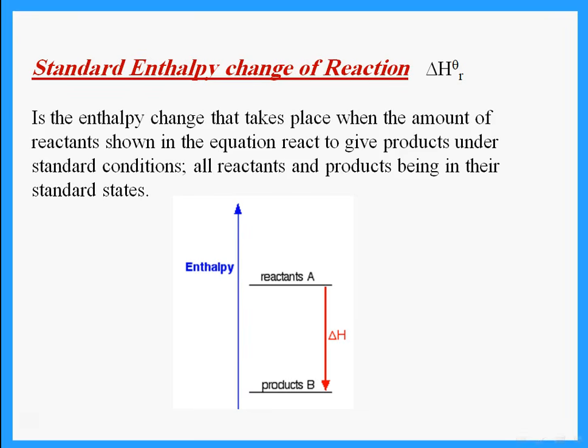Do you remember what enthalpy change means? It means heat change, or delta H. It is the enthalpy change that takes place when the amount of reactants shown in an equation react to give products under standard conditions, with reactants and products in their standard states.